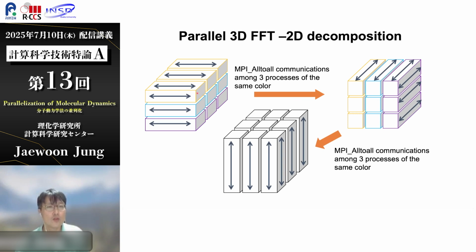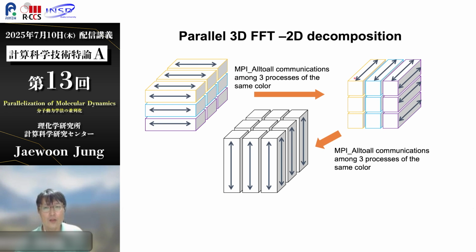To do this, processors with the same color here, this one, this one, this one, have a communication with each other. And the processors with blue color also have a communication. And the purple ones also communicate among them. And you can make a shape like this one. And you can perform FFT.